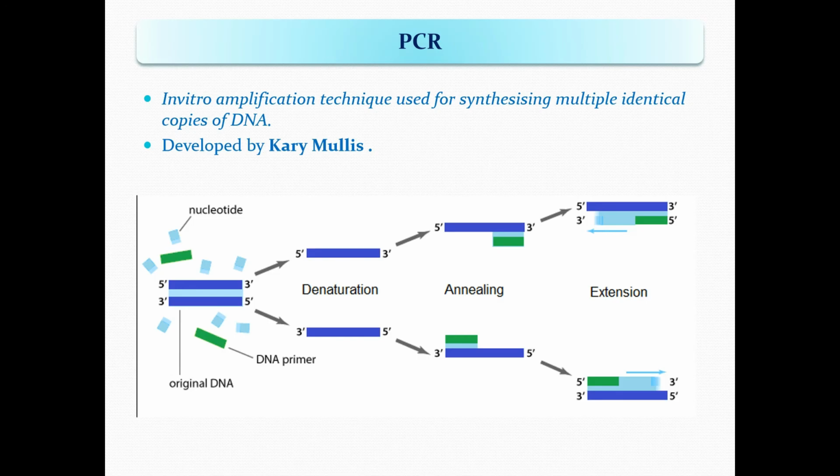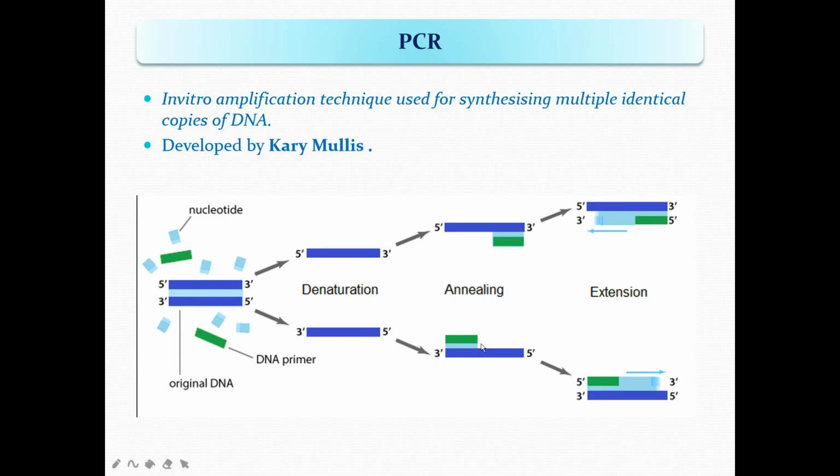First, the double stranded DNA of interest is taken. It is subjected to denaturation. It is denatured to separate into 2 individual strands by high temperature, and this process is called denaturation. Each strand is then allowed to hybridize with a primer.